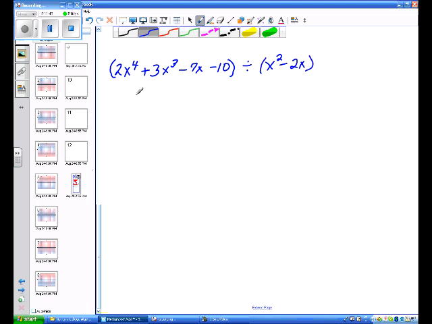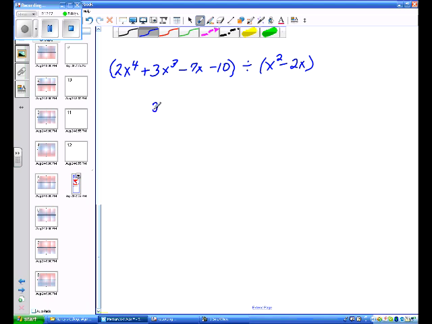Okay, now when we go to write this, and we're going to write our dividend, what we're dividing, if you notice we have an x to the fourth, an x cubed, then we skip to an x. We didn't have an x squared. When we write our dividend out, we've got to put in an x squared.